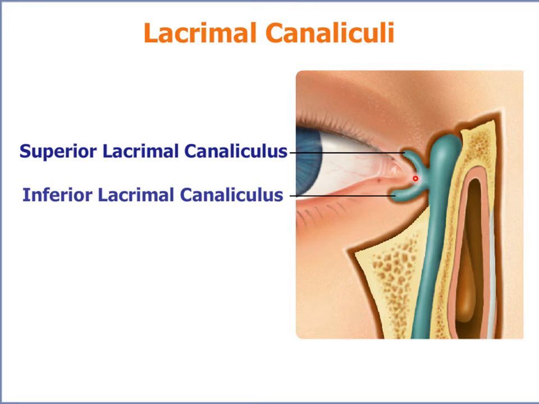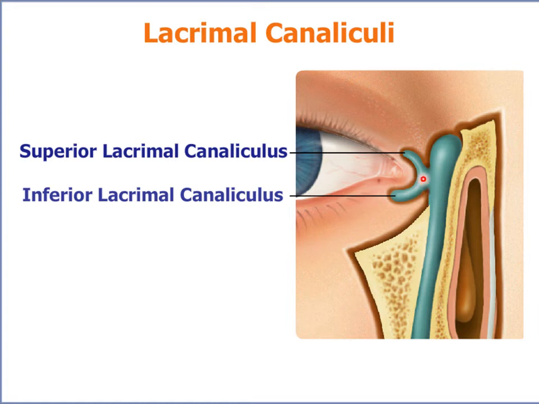Both the canaliculi end in the lacrimal sac. Both the canaliculi bend at a certain point, and at this point you find the canaliculi dilated to form the ampulla of the canaliculi.